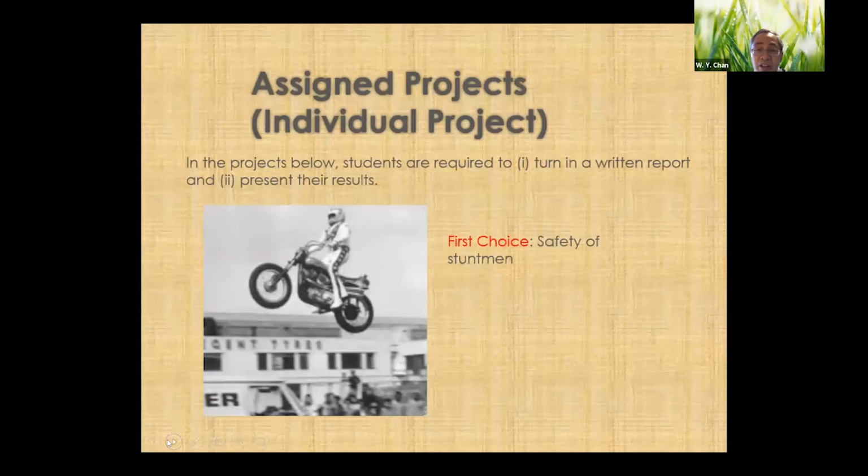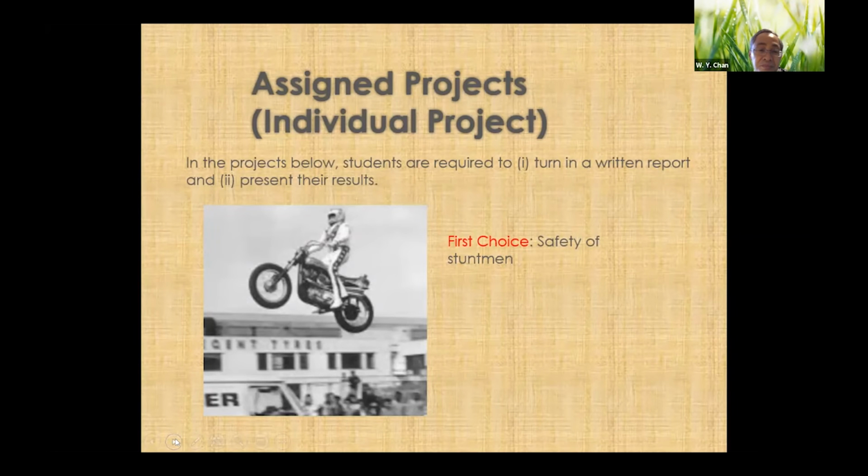About some projects I would like to share with our session, this section is the individual project. That one is from COMAP. It has a long history, the problem is about the safety of the stuntman.